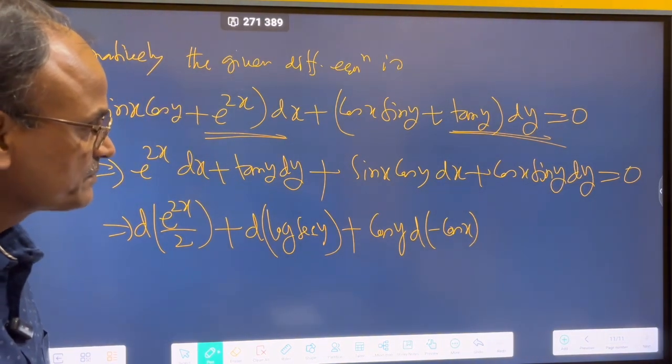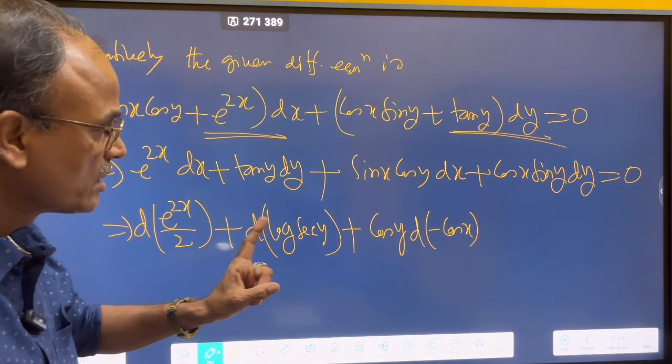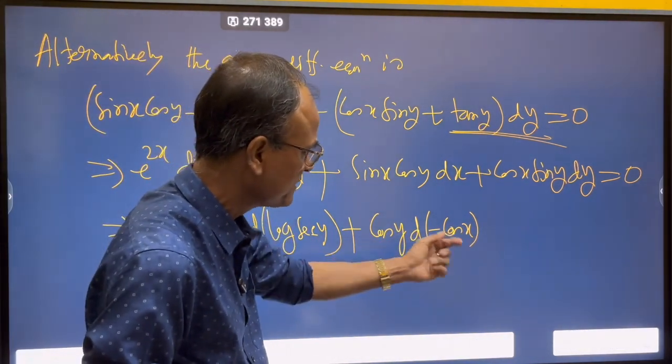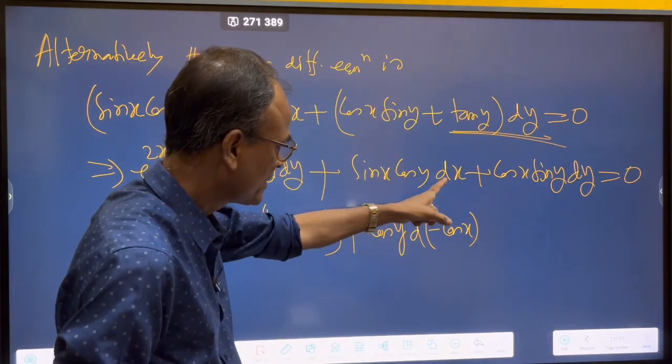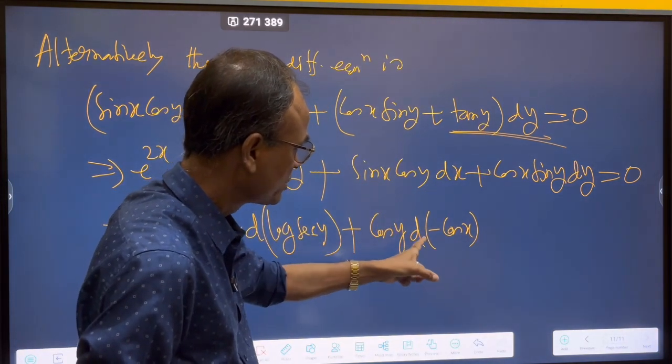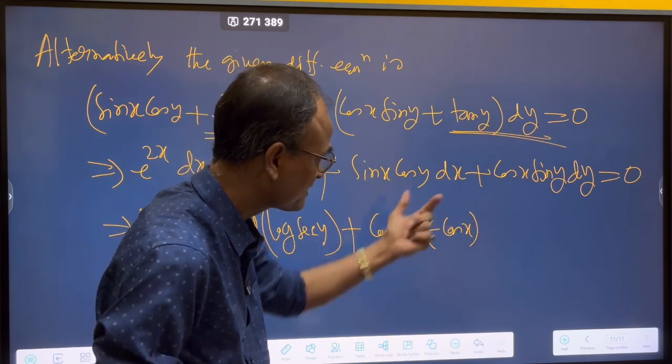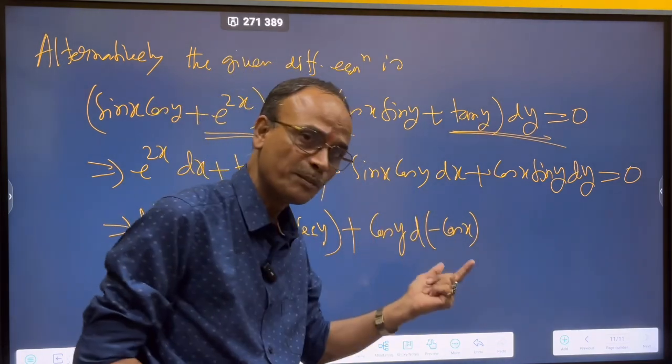You may write like that. For d of minus cos x, it is sin x dx, so cos y sin x dx is equal to d of minus cos x.